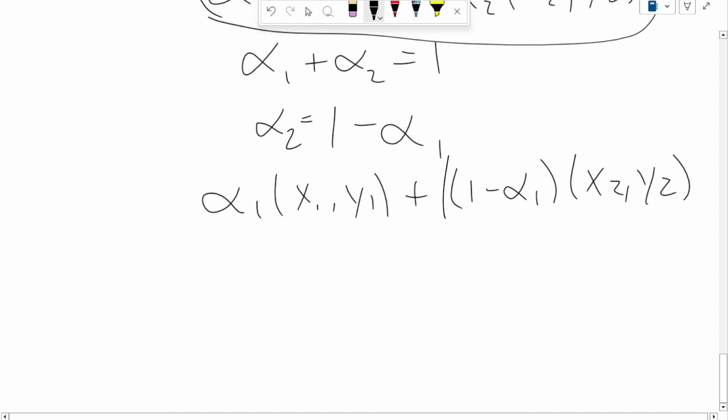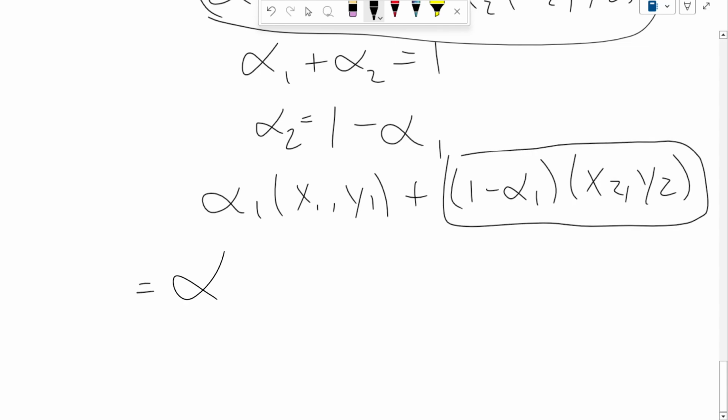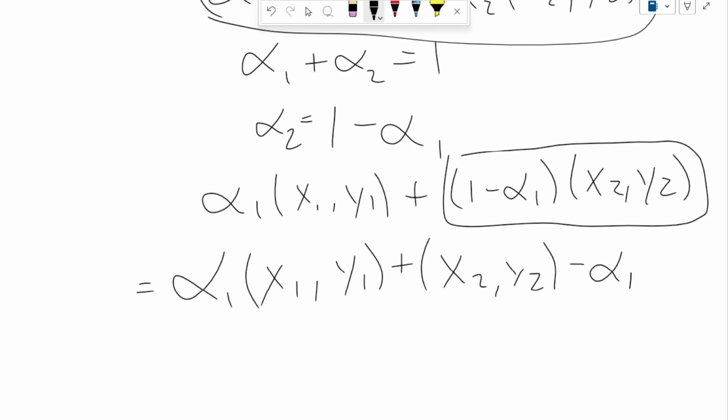Okay, this multiplication here is interesting because this multiplication is going to yield the original vector itself minus alpha 1 times the vector, right?